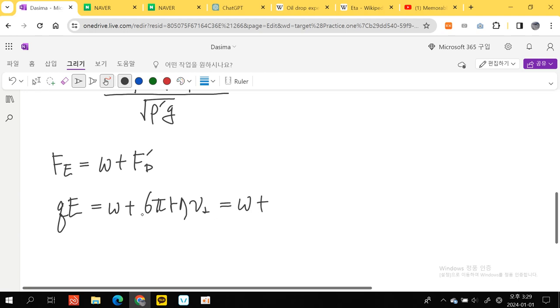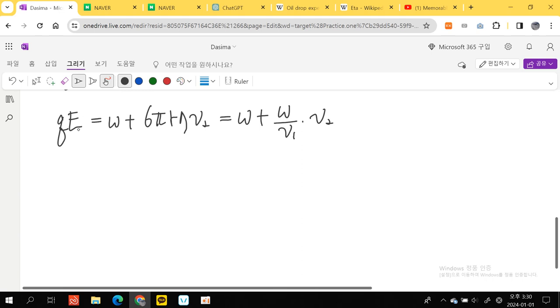And we can change this expression to the weight over the first terminal speed measured in the first situation. And the electrical field is the voltage divided by the distance between plates.